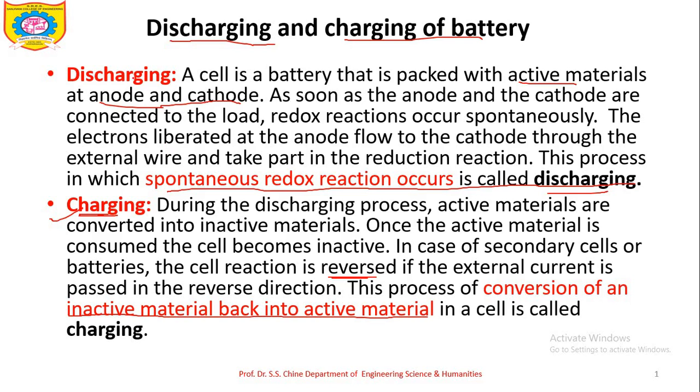So in discharging, the active material present in the battery converts into inactive material by a spontaneous redox reaction. Whereas conversion of inactive material back into active material in a cell is called the charging process. That is all about the introduction to these batteries.